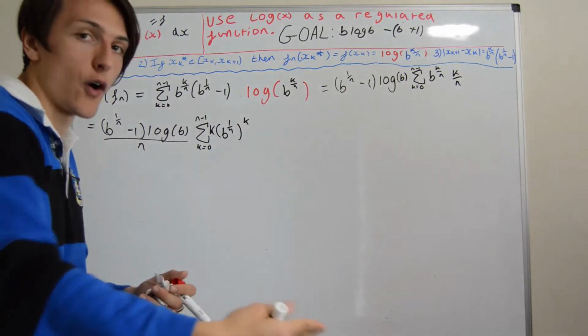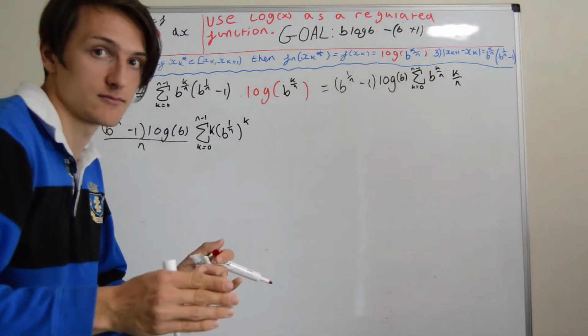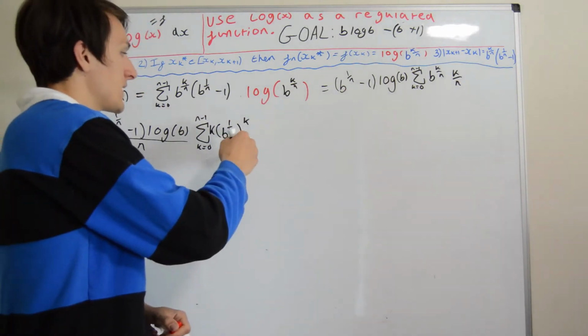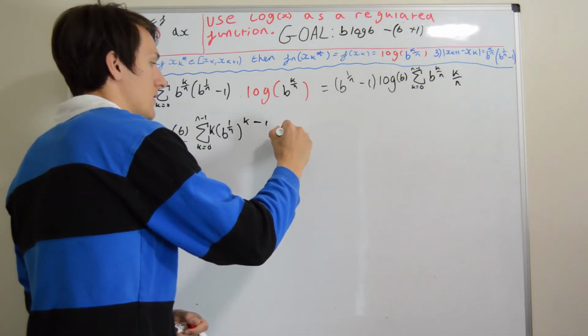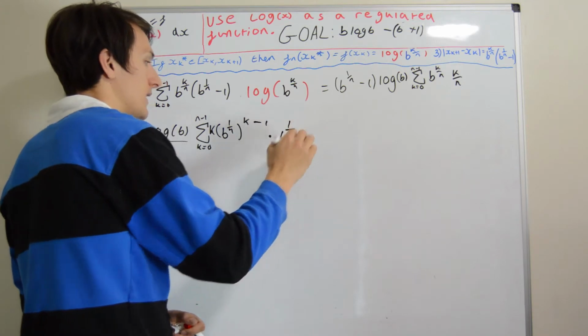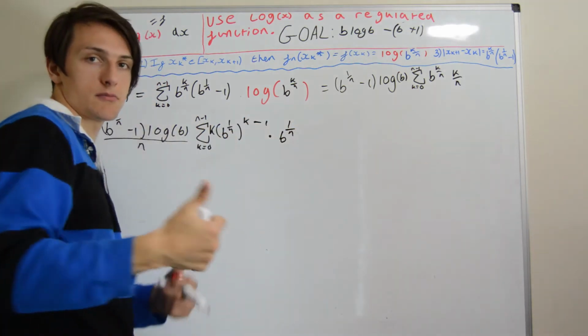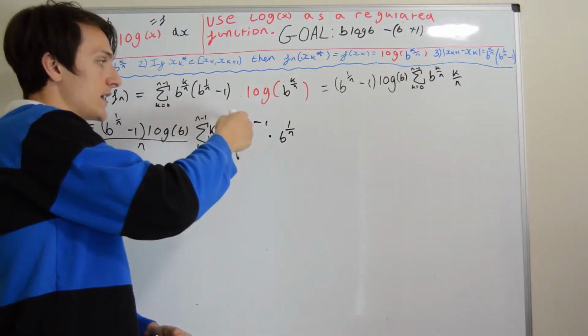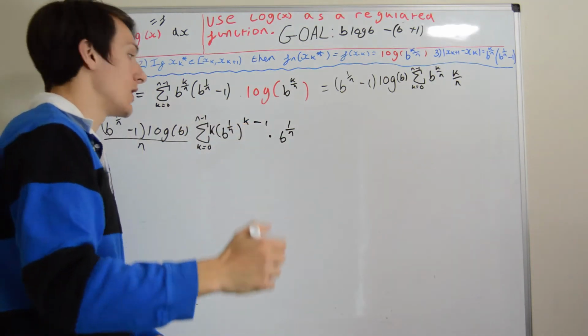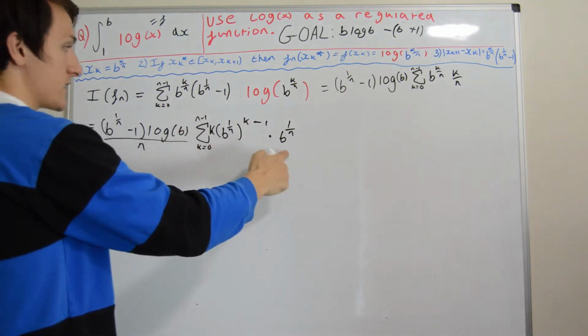So let's try and force it to be exactly like a differential. If I force out an nth root of b, now the powers are as we want. When we differentiate, we multiply down by the power and then decrease the power by 1. So let's bring this factor out.